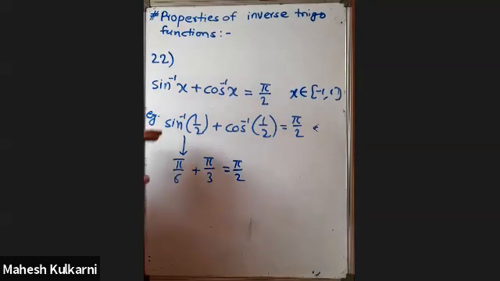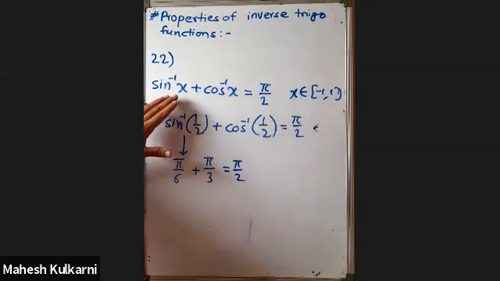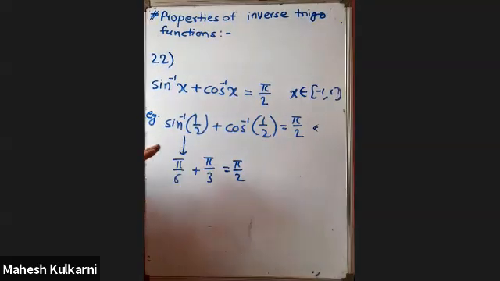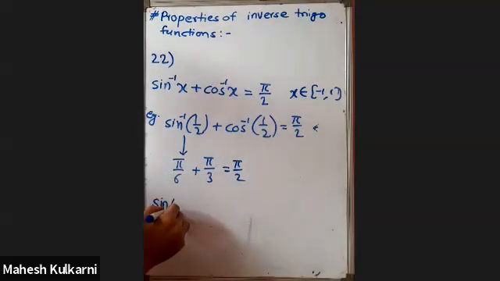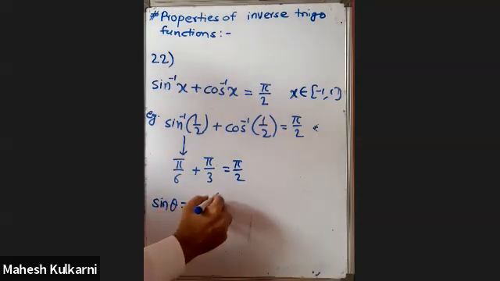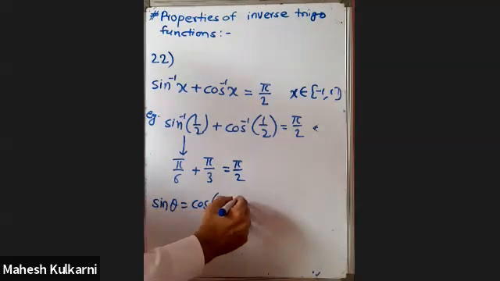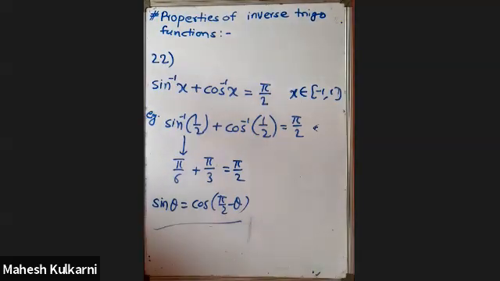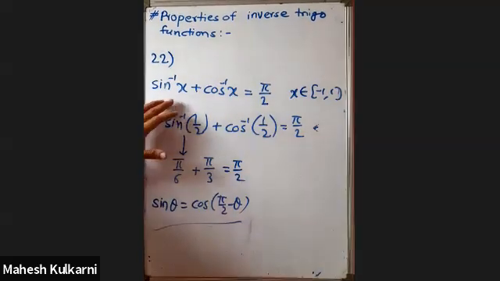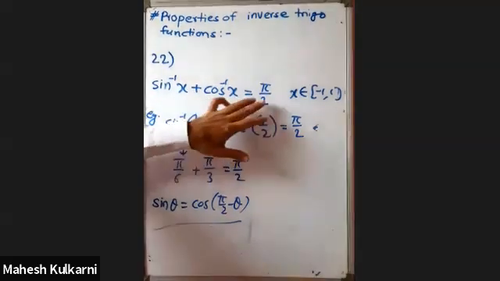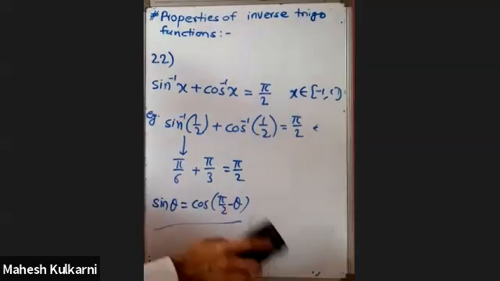So this is the property related to these two functions. That is, you know that sin theta is equal to cos of pi by 2 minus theta. Using this property, you can prove this. This is the sum of two complementary angles, so the sum is pi by 2 here.